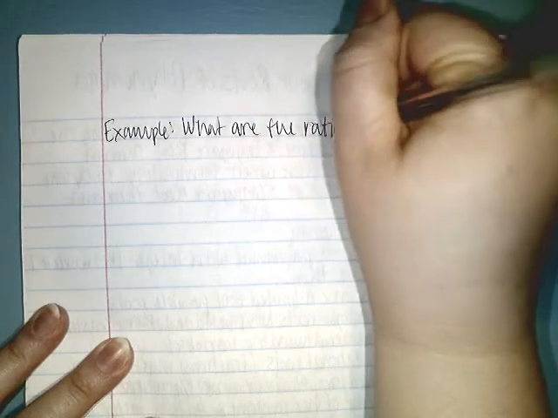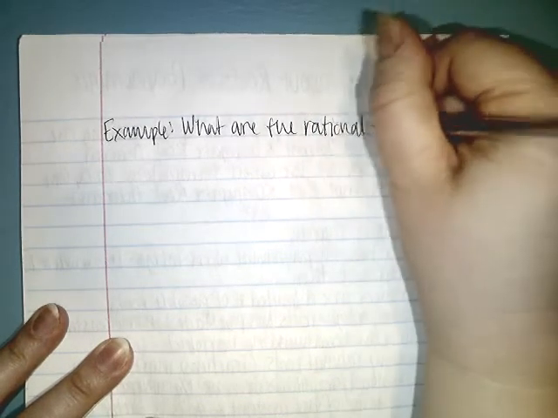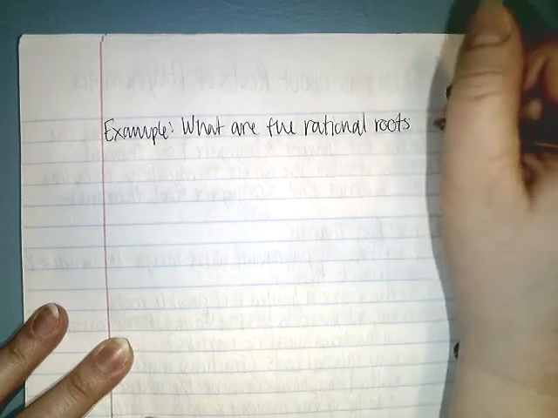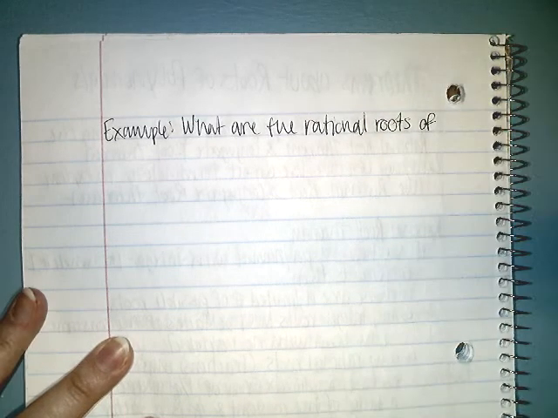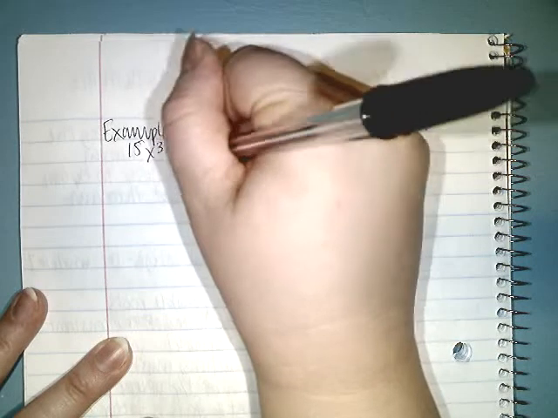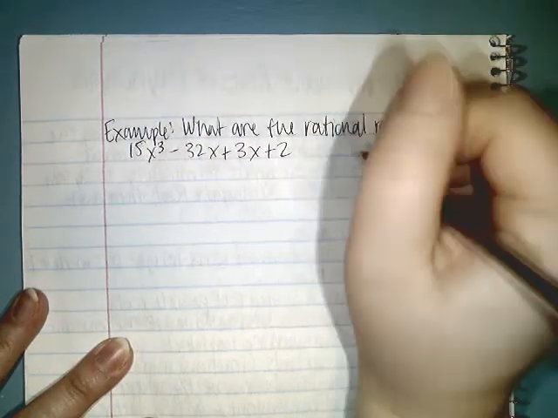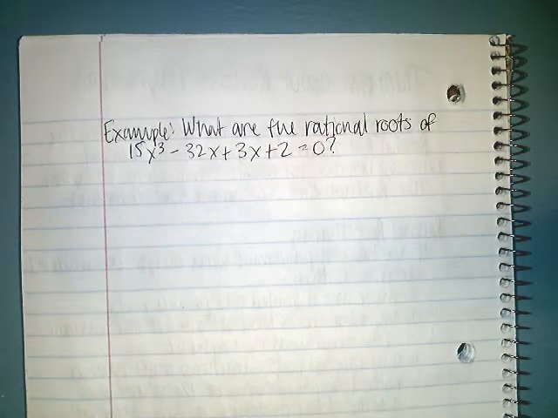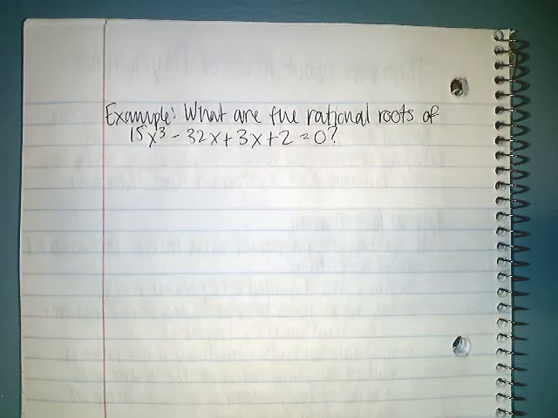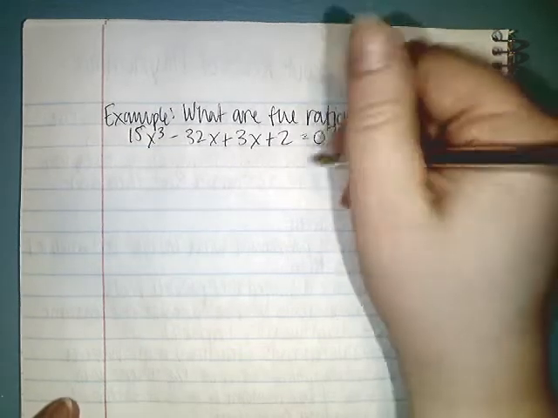The last example asked us for the possible rational roots. This example wants us to actually solve for the rational roots of 15x cubed minus 32x plus 3x plus 2 equals 0. So what are the rational roots of this polynomial? The actual rational roots, not just the possible rational roots.